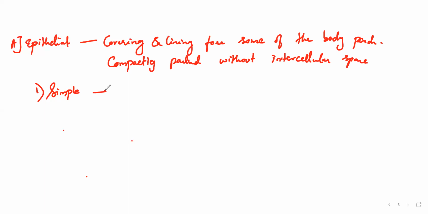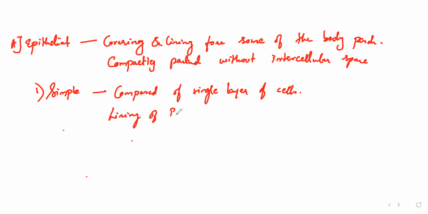So in simple, it's just composed of a single layer of cells. And what will be the function of the simple epithelial tissue? It acts as a lining of body cavity and ducts.